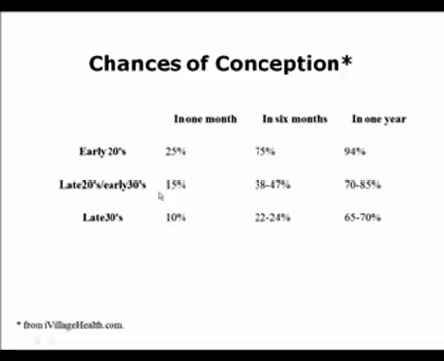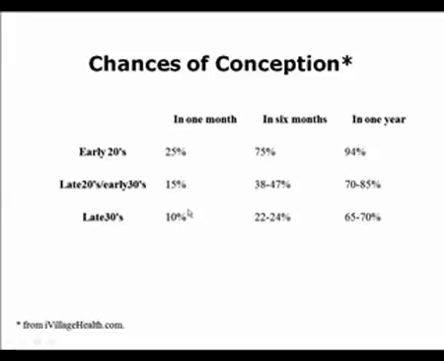A second point that we want to make is that as a woman ages, it's harder to get pregnant. Here we're looking at the chances of conception in 1 month, in 6 months, in 1 year. In the early 20s, a quarter of the couples will be pregnant in 1 month, and almost everyone within a year.